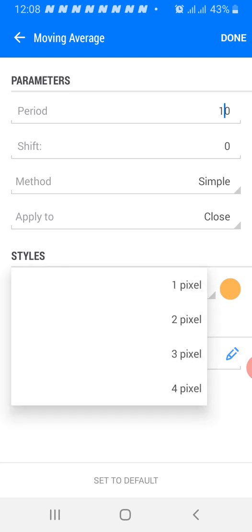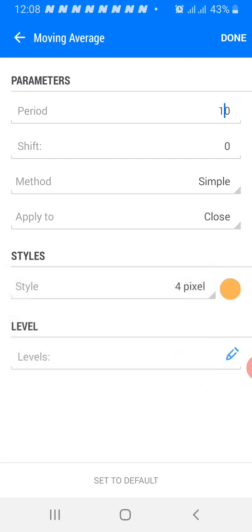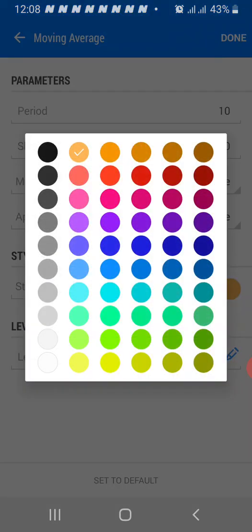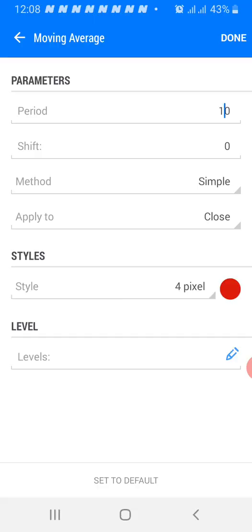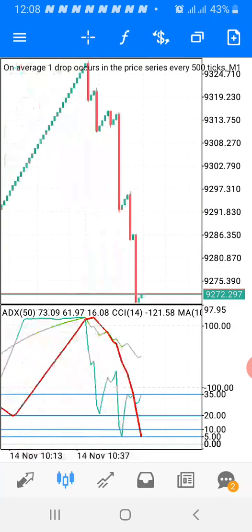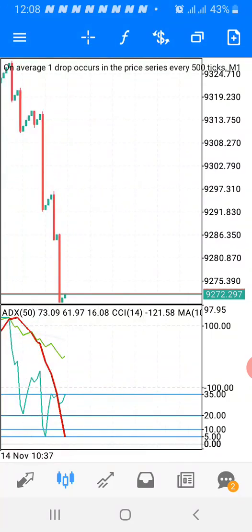Then the style is 4 pixel. We're using 4 pixel for the style. The color, let's take red. So that's all. You click done.